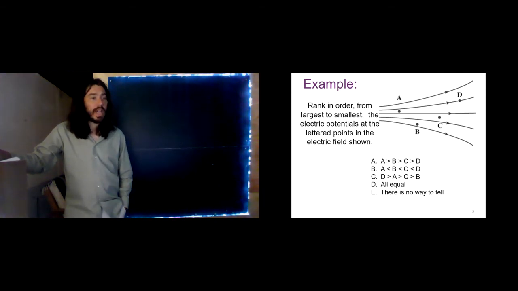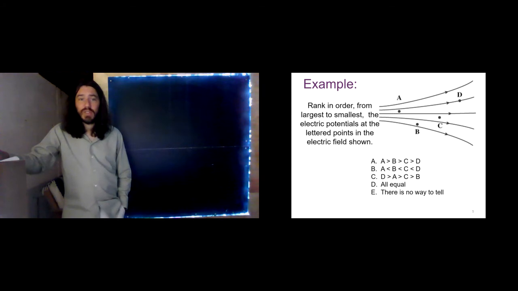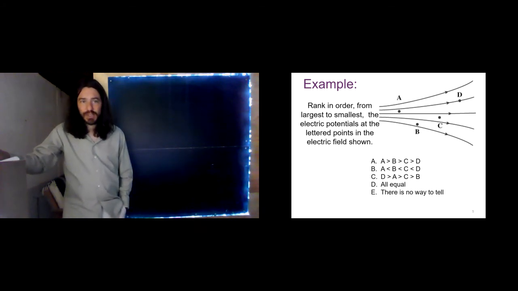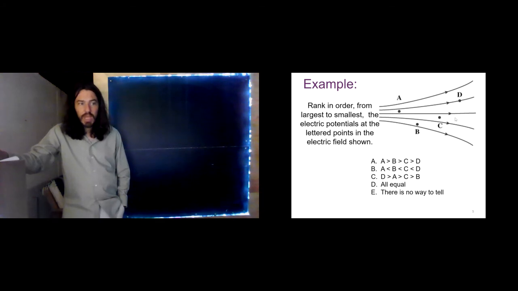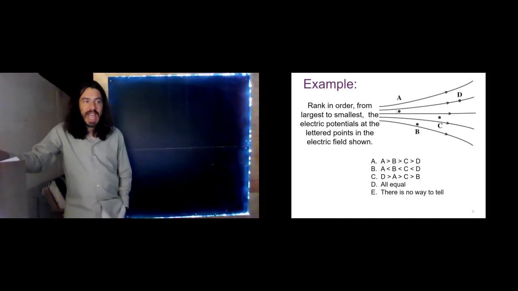Okay, welcome back. Recall that the electric field always points from high potential to low potential, always from high to low. So that means that A is the very highest potential, B next, C next, and D next.